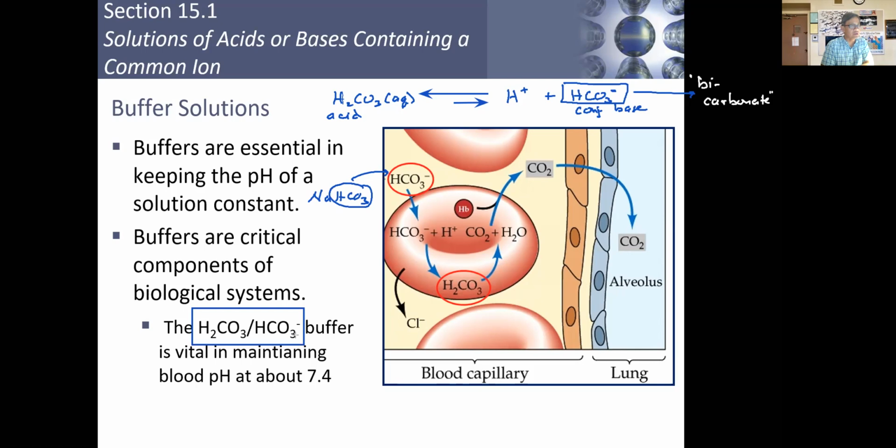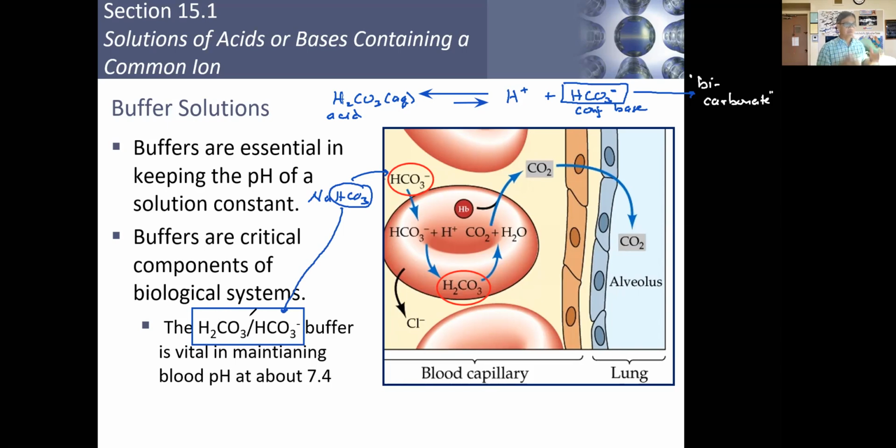We make this solution by adding carbonic acid and adding to that sodium bicarbonate. The sodium doesn't do anything, but the bicarbonate, that's what we want. What does the bicarbonate ion do? We're going to learn about that in this chapter. The combination of both the carbonic acid and the bicarbonate ion is what we refer to as a buffer solution.